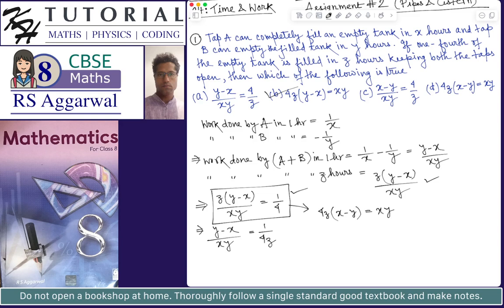Wait a minute. Oh, sorry. Not choice B is correct. Choice B is incorrect, because choice B is given as 4z multiplied by (y minus x), but actually the relation we got is this. So choice D is the correct choice.